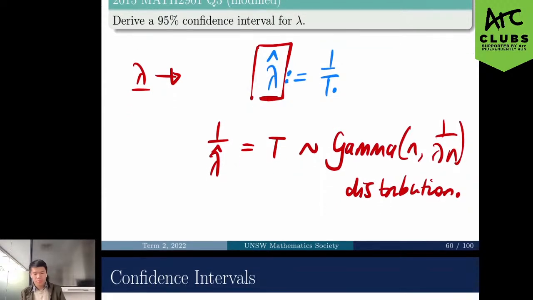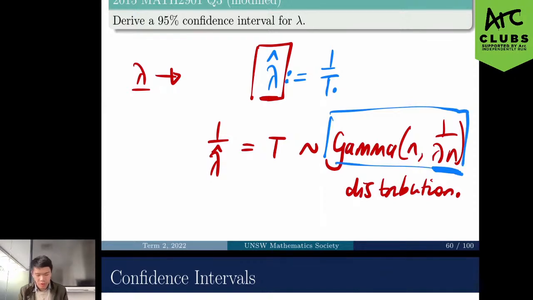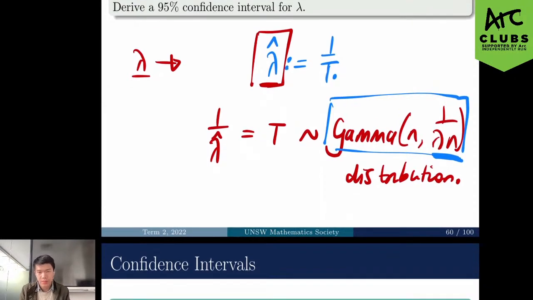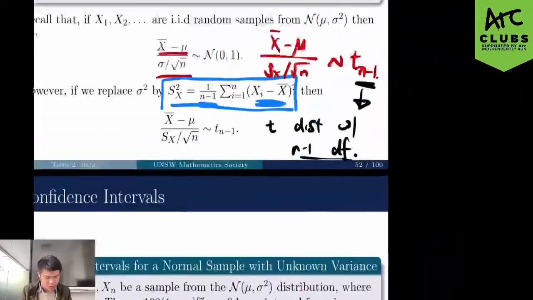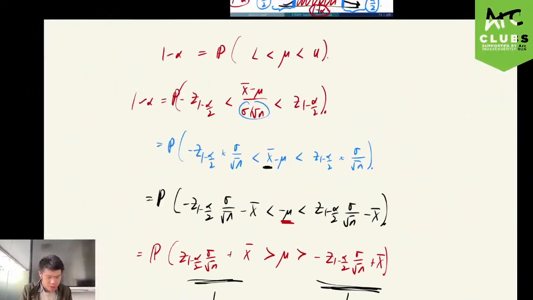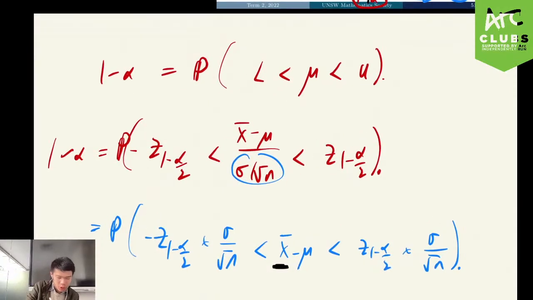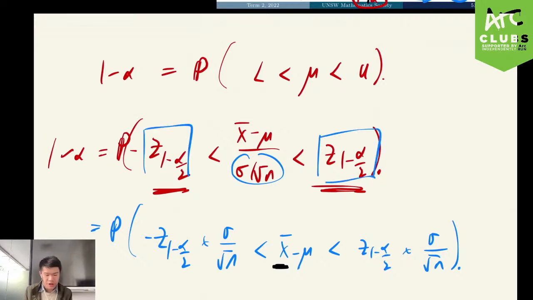Well, that's not free of lambda, which is a bit problematic, because we'd rather it be free of lambda so that we can construct the bounds. If it does have lambda in it, and we don't know what lambda is, it's hard to find the lower bound and the upper bound. Remember from before, we started with the quartiles of the normal distribution, and we can evaluate these because this is free of our parameter.